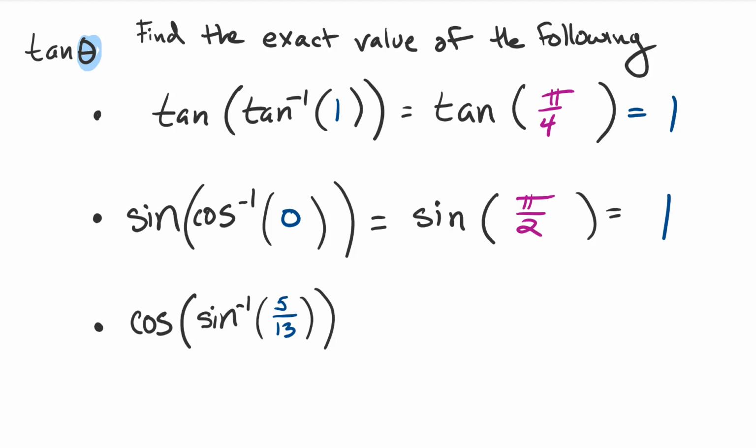Now, if we go to this next problem, we're going to be like, well, that's cosine. What's the answer? That's an irrational number. I'm not certain what we should be able to do with that. I don't know the exact value of this. So here's how we're going to play the game. Aren't these all angles right here?